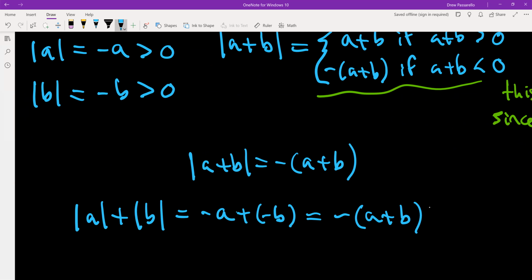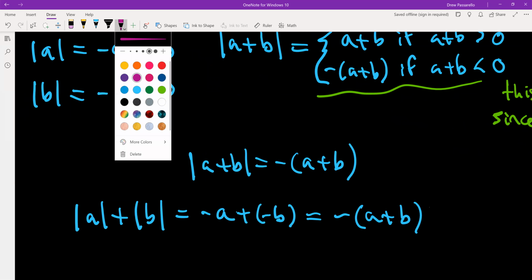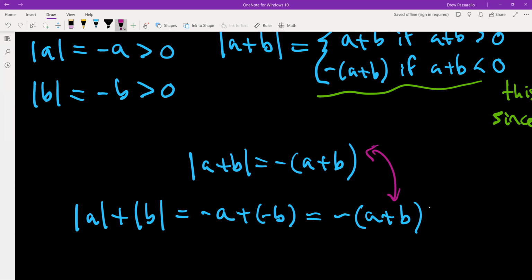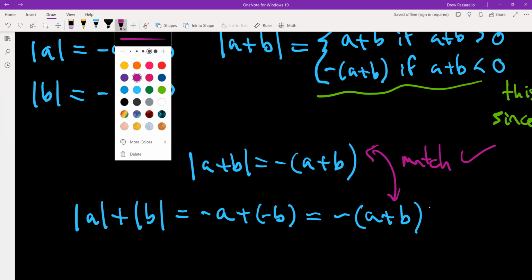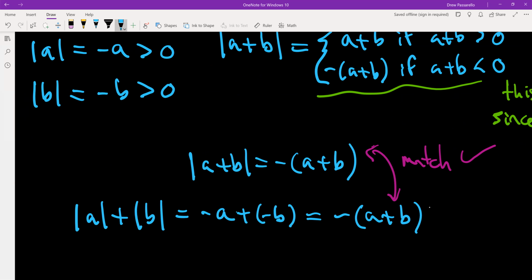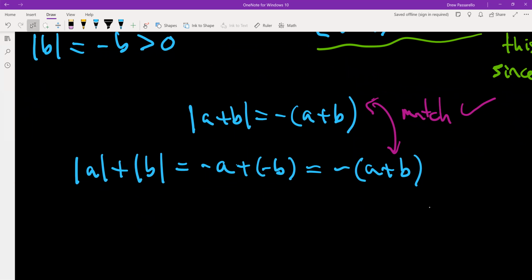And they match. All right, so now we've shown the absolute value of a plus b equals the absolute value of a plus absolute value of b in the case in which a is negative, b is negative, because a negative times a negative makes a positive product.